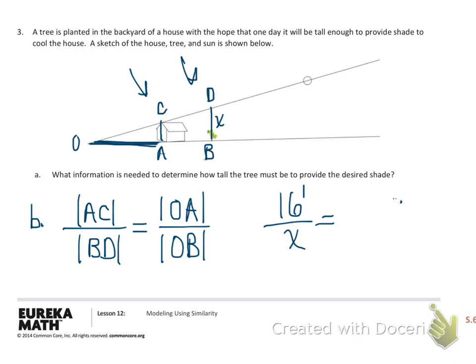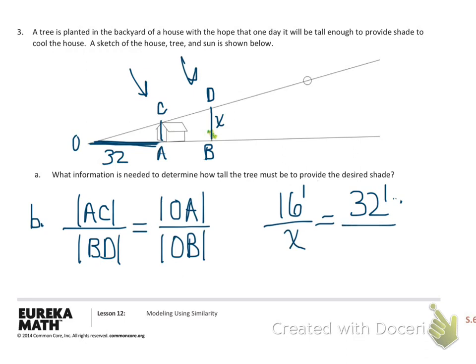And my problem says that the distance from the end of the house's shadow to the base of the tree is 53, and that the sun casts a shadow 32 feet long from a point on the top of the house. So OA is the 32 feet that the house casts.